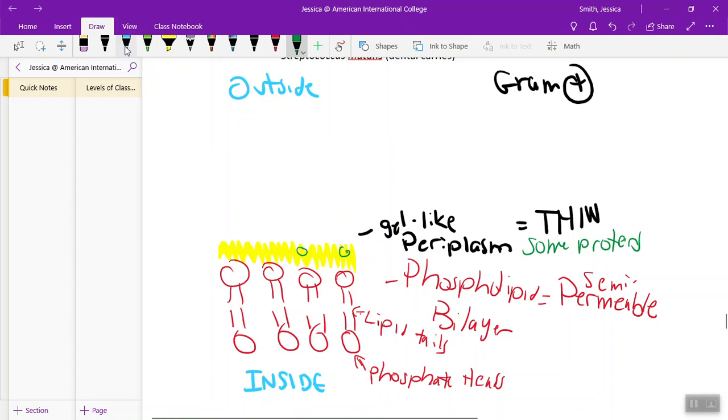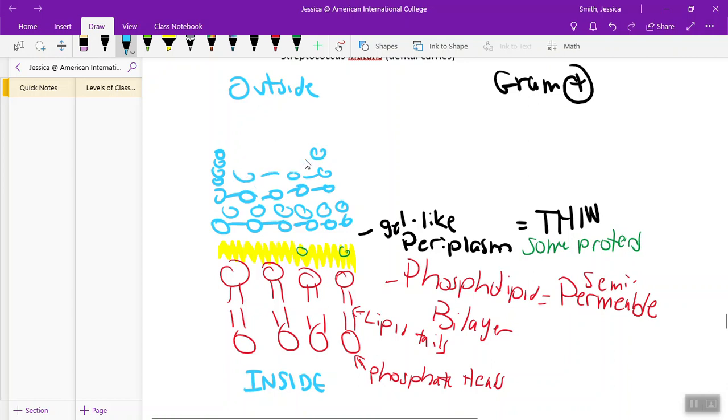Now, on the very outside of the cell wall, here's where we have that peptidoglycan that we did in the last video. So we have many, many layers of it in gram-positive. And remember, they're all linked together. I'm not going to draw the whole thing.